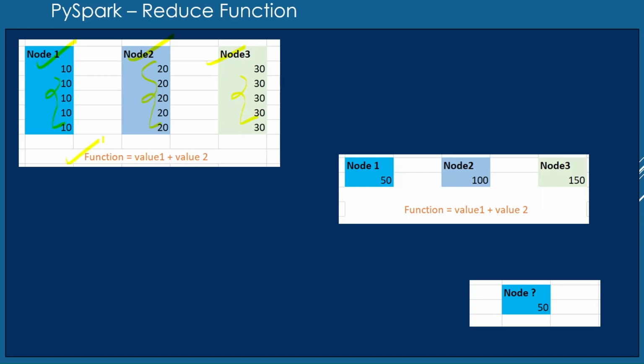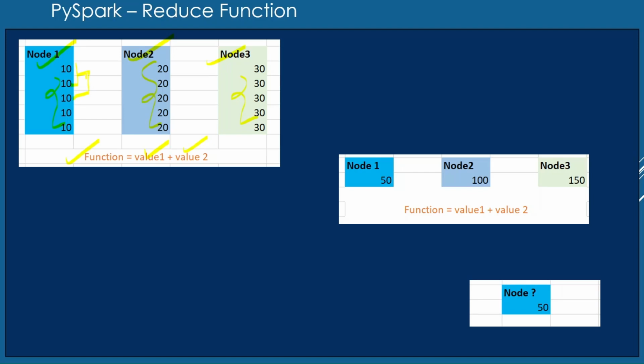So the function it will call takes value 1 and value 2 and adds them till only one value remains. First it will add these two values. Whatever the result is, it will add with the next value.